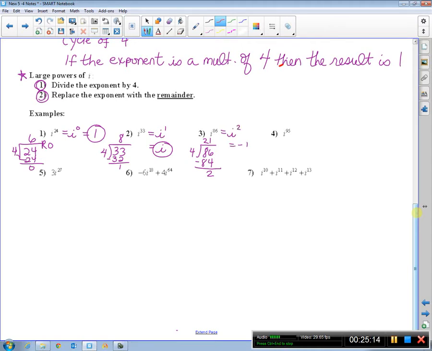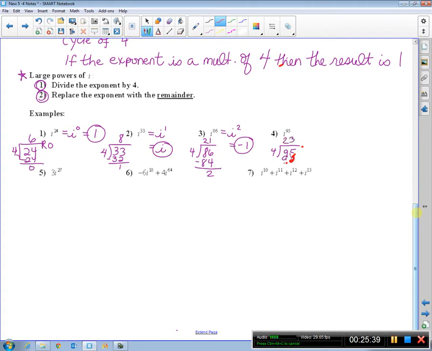i squared is negative 1. 95, pause and see if you can do it, divided by 4. Four goes into 95 23 times.